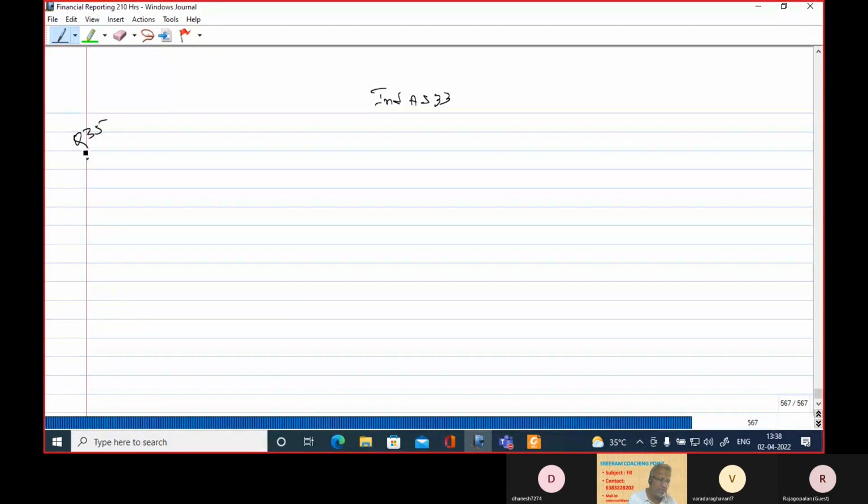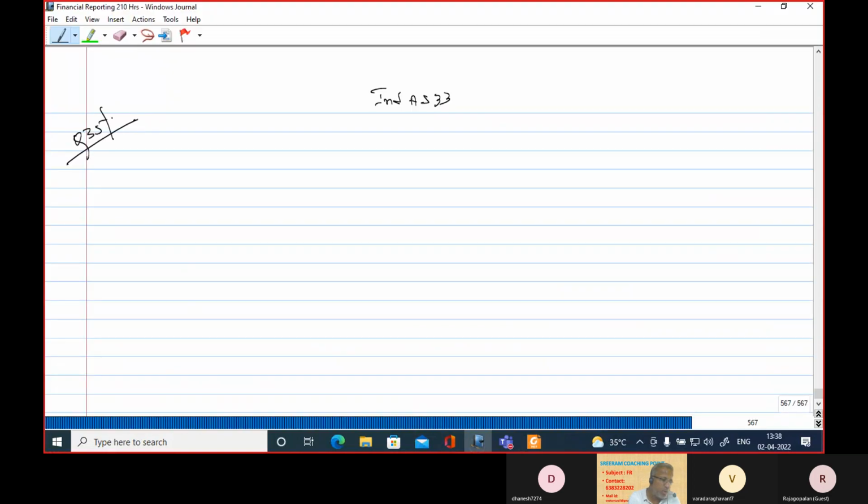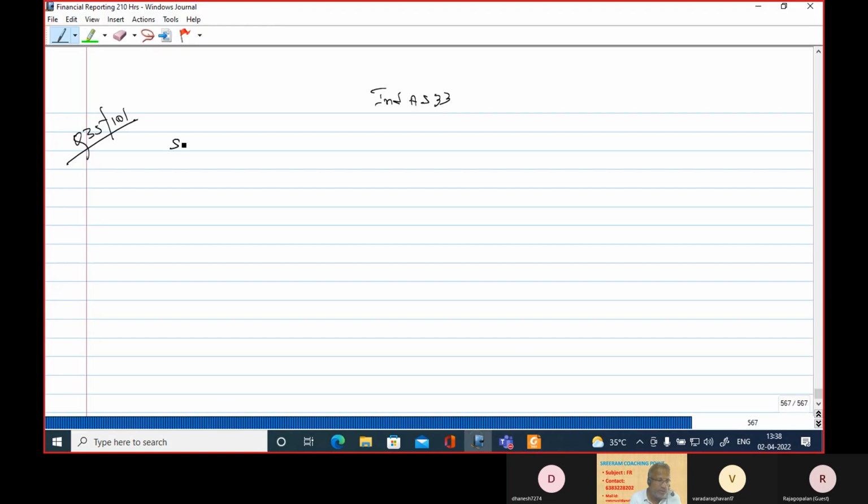Question number 35, page number 101. Whenever you get a rights issue, there is always an element of bonus shares to it.